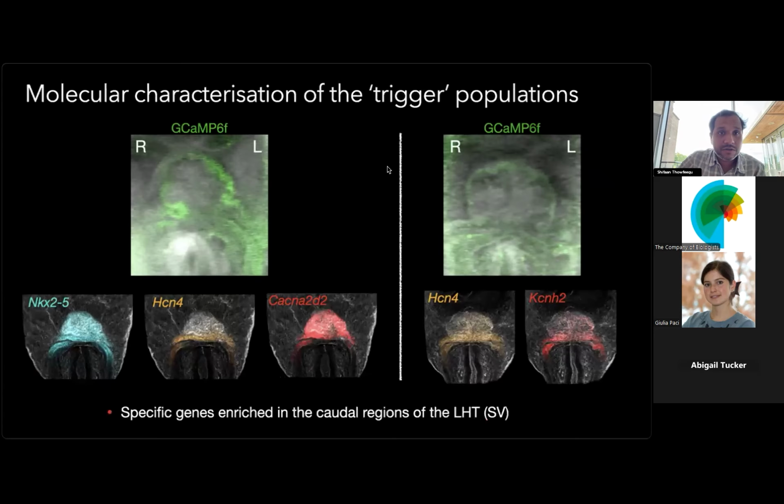So what we saw in the linear heart tube, for example, was that when the waves are going from the caudal to the rostral, a lot of these genes were enriched in the caudal regions of the linear heart tube.